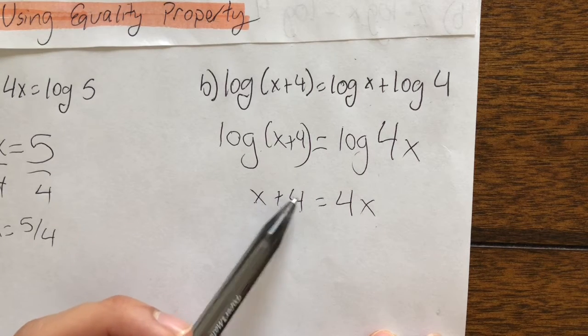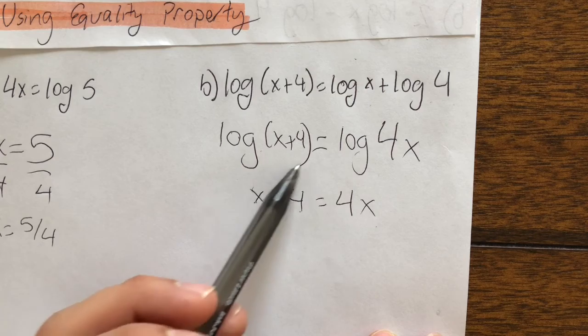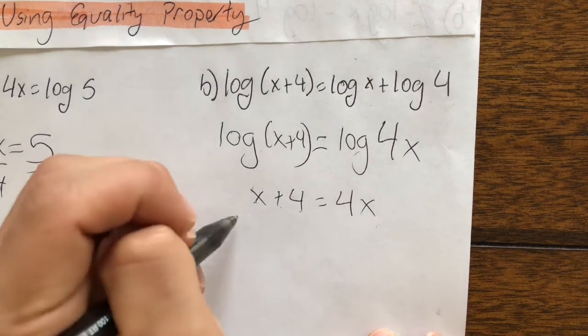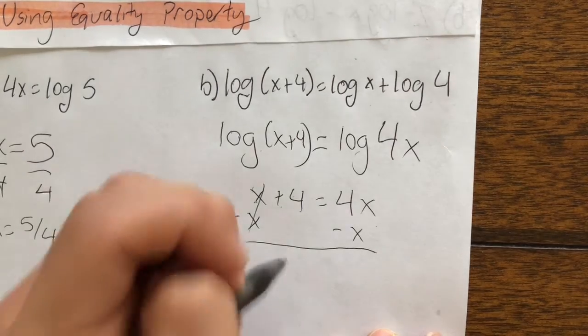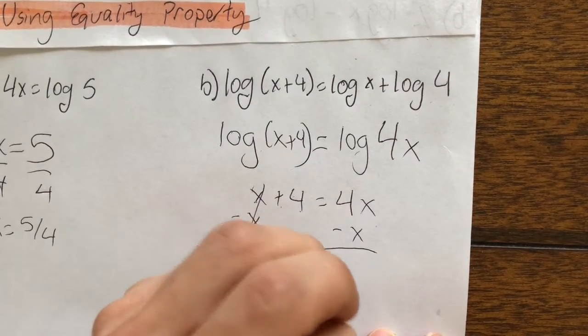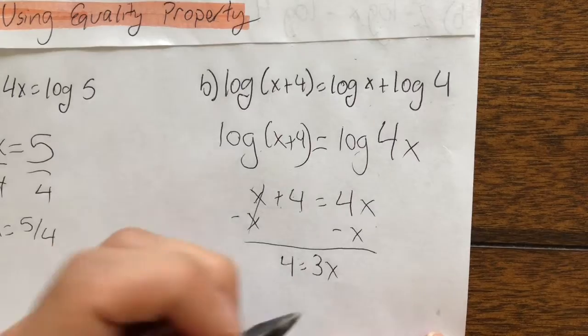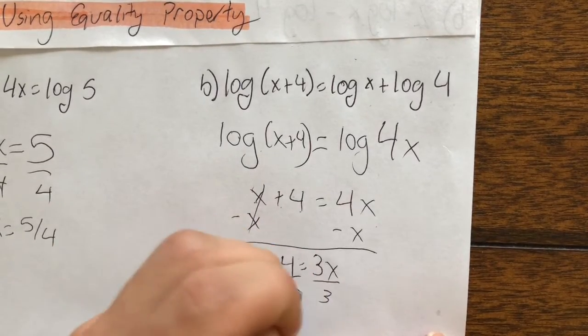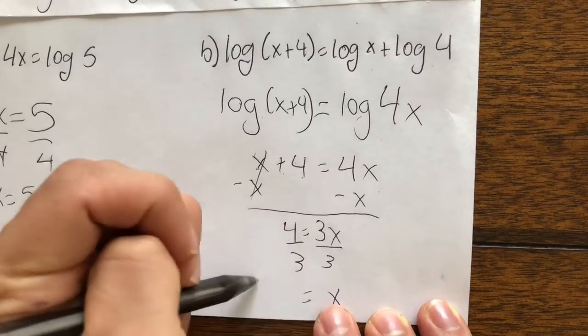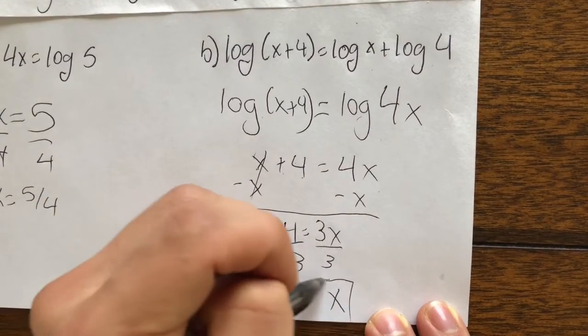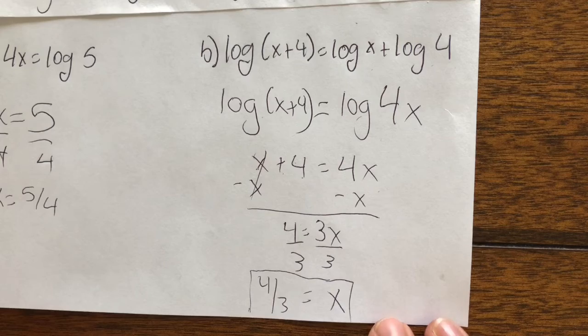I want to isolate the 4 by bringing this x to the same side as 4x. To do that, I subtract x from both sides, which gives me 4 equals 3x. Then I divide both sides by 3, and I get x equals 4 thirds. So that would be my final answer.